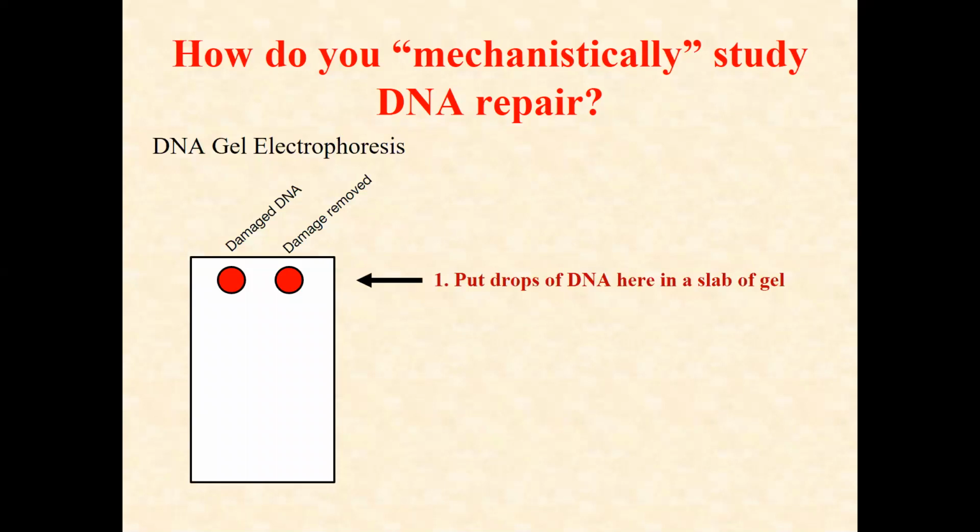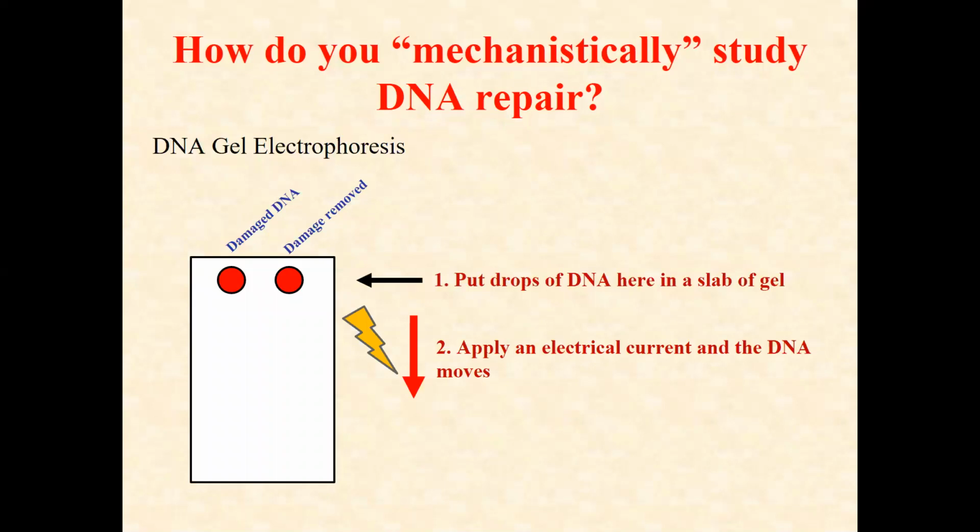To do this, we put a drop of the DNA that has been combined with our purified proteins at one end of the slab of gel. And then we apply an electrical current to the slab of gel, which causes the DNA to move through the gel.